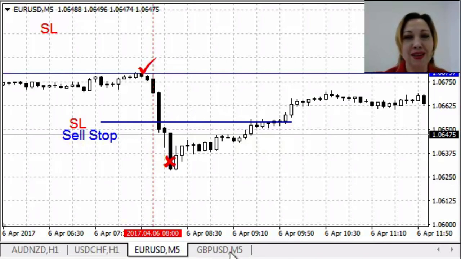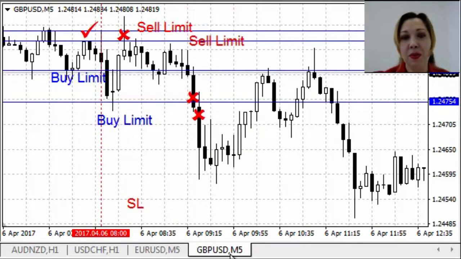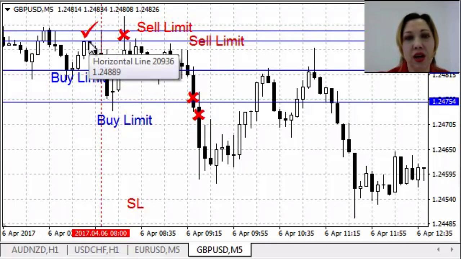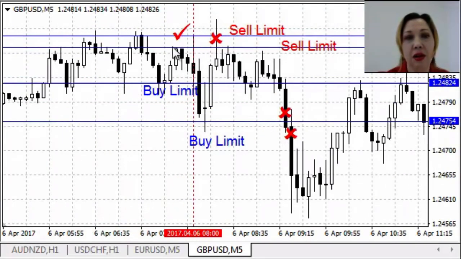How does the straddle strategy modified 2 actually work? We use GBP USD 5 minutes time frame. So we are somewhere here, 10 minutes before this same event, 8 o'clock, the news release, the speech of Mario Draghi. Somewhere here, you find two highs.